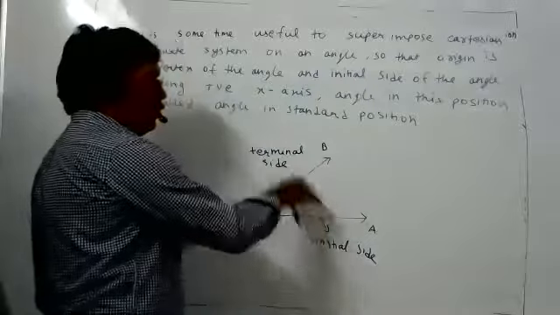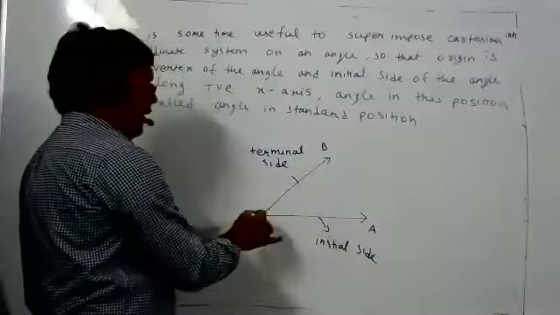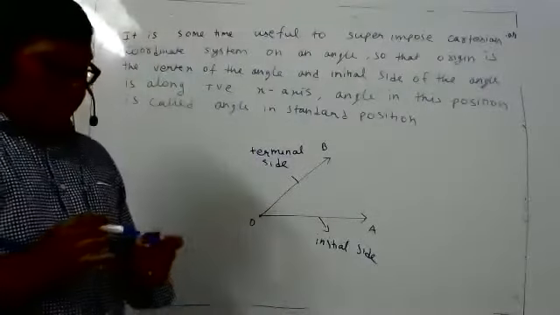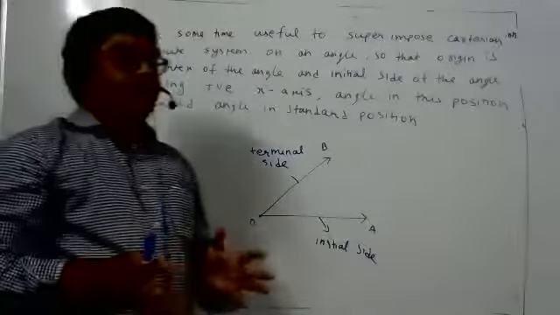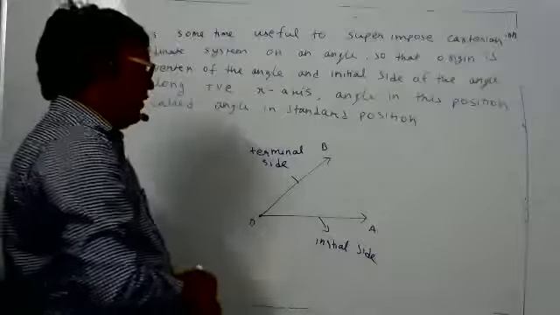For an angle: two arms, initial side, terminal side, vertex. But from now onwards, sometimes when we talk about an angle, we will not draw it this way.